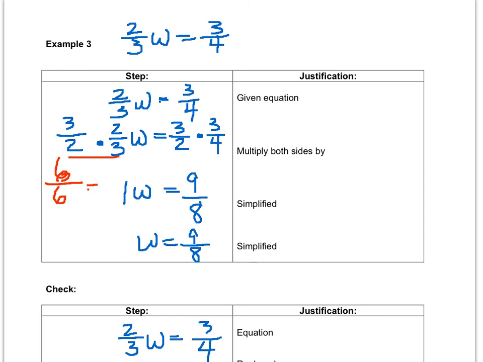So this equals 1W. And we multiply the other side of the equation by 3/2 as well. 3 times 3 is 9. 2 times 4 is 8. So 1W equals 9/8, or simplified, W equals 9/8.